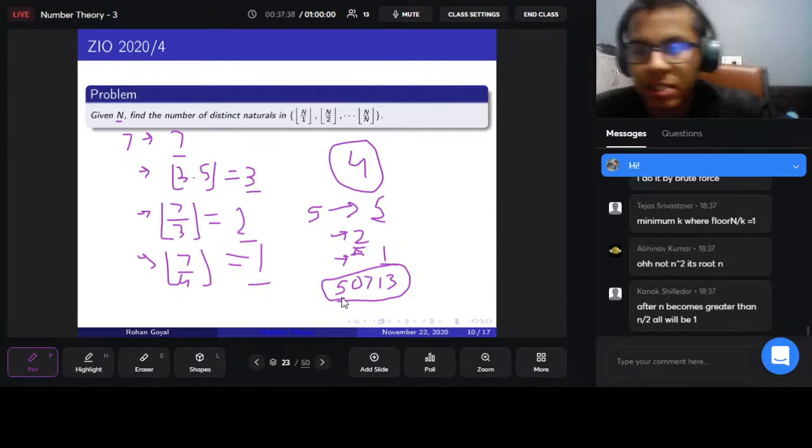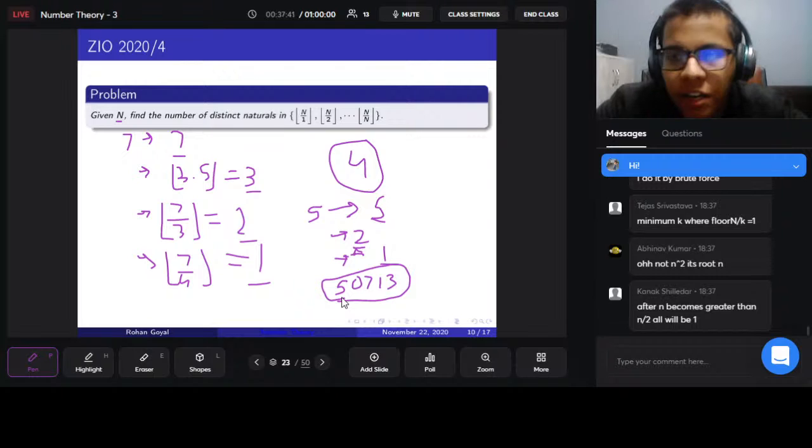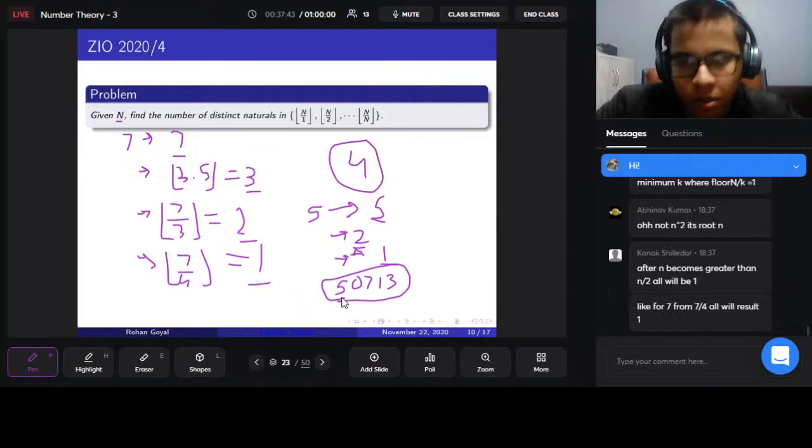What's the answer in this case? You can't do it by brute force. That's just not possible by hand, and even if you do it by computer, the complexity will be too high for your answer to actually work in a contest.